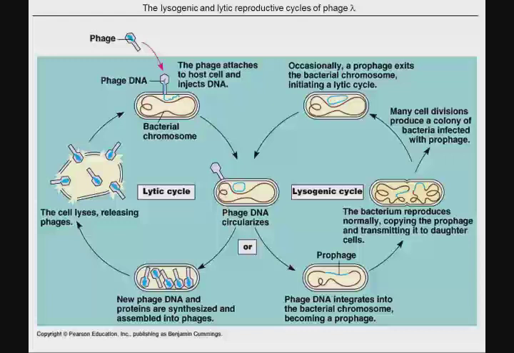When the DNA of that virus has incorporated itself into the prokaryotic chromosome, we call it a prophage. Literally, it is now part of the bacterial genome.